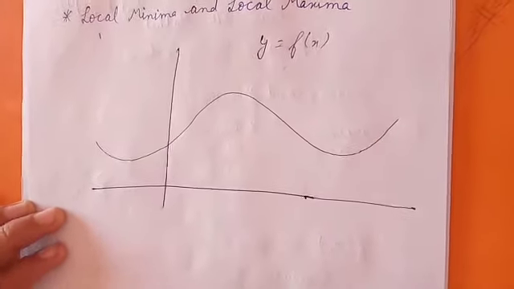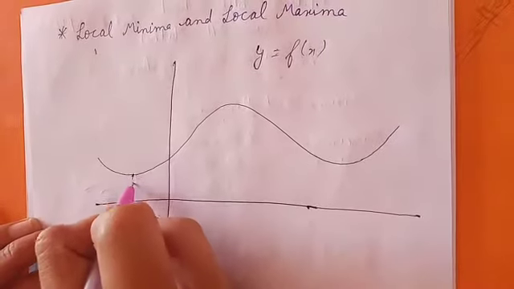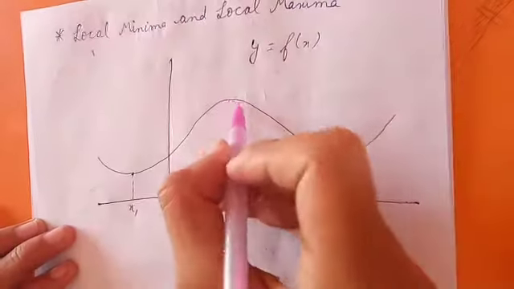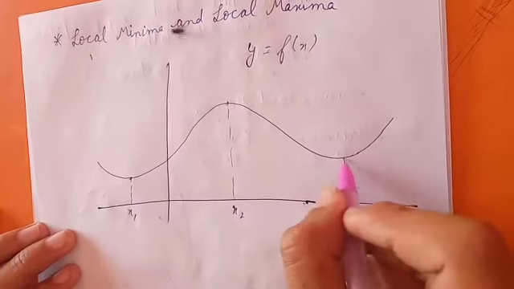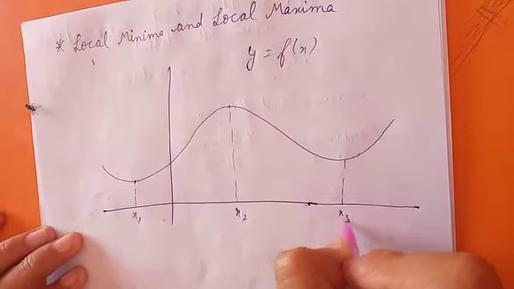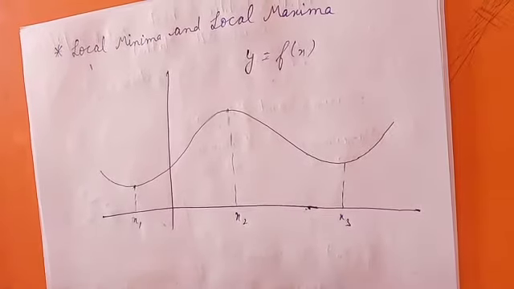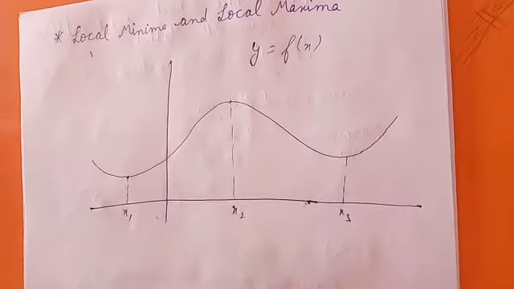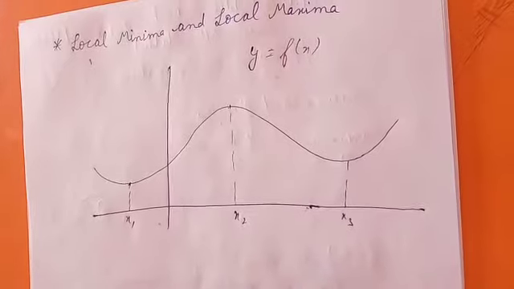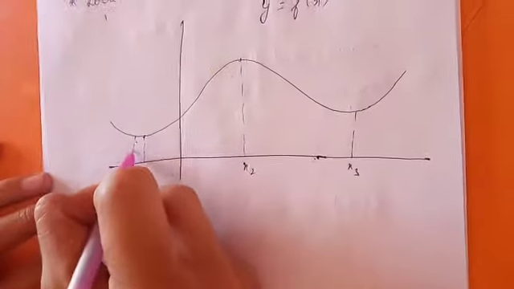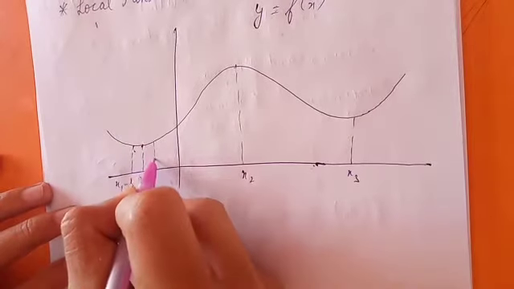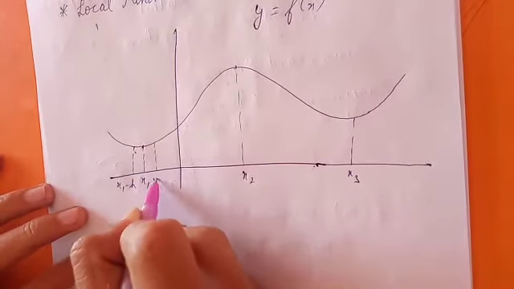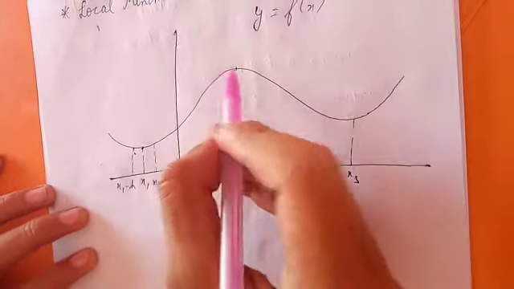Say this point is our x1, this is x2, this is x3, and now we can construct an interval near these points. Say this point is x1 minus h, this is x1 plus h.